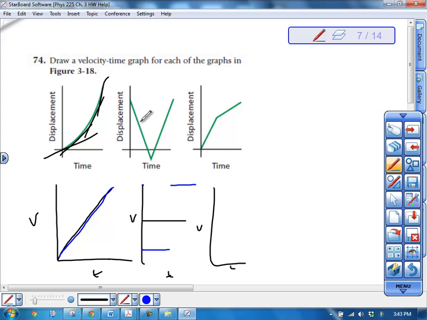Negative constant velocity because we got a negative slope, and then it jumps positive and the slope goes up here. So the slope is the velocity. Here we've got a constant velocity that's positive, and then it jumps to a velocity that's lower. So it's got a slope that's positive, but then it's got a lower slope. So it just jumps to a lower velocity.